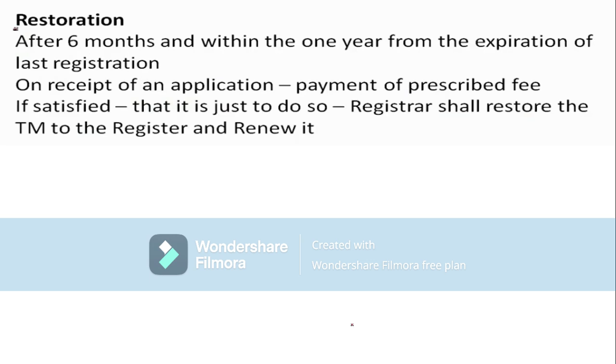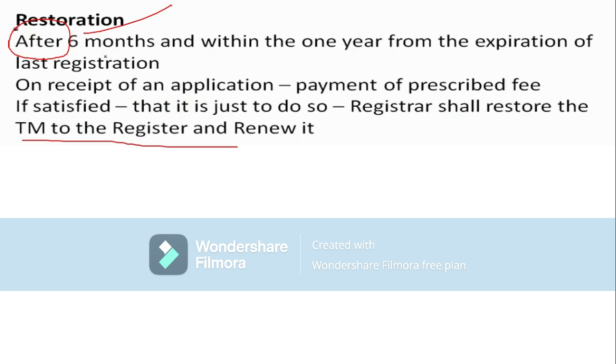Now restoration. What does restoration mean? After 6 months and within 1 year from the expiration of the last registration, on receipt of an application and payment of the prescribed fee, if satisfied that it is just to do so, the registrar shall restore the trademark to the register and renew it.